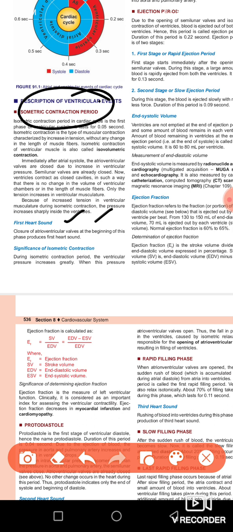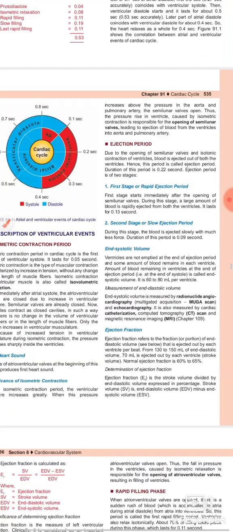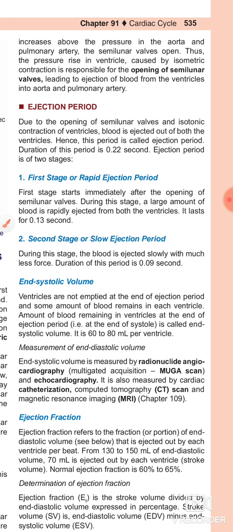Now what is the significance of this contraction? During the isometric contraction the ventricular pressure increases, which we know. When this pressure rises above the pressure in the aorta and the pulmonary artery, the semilunar valves, the aortic and pulmonary artery valves, open. When they open, the blood moves into the aorta and then circulates through the whole body.